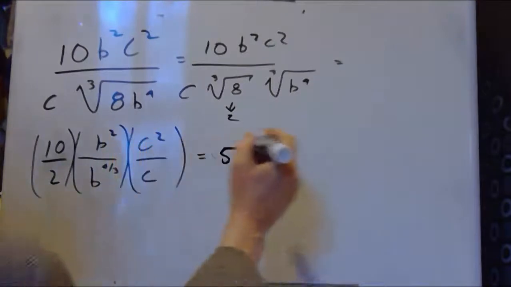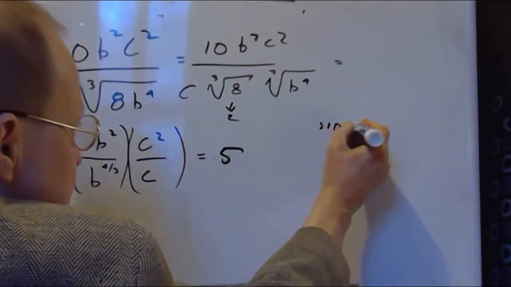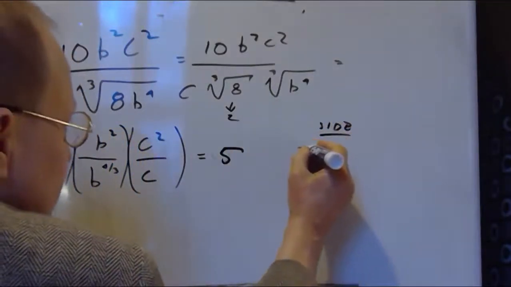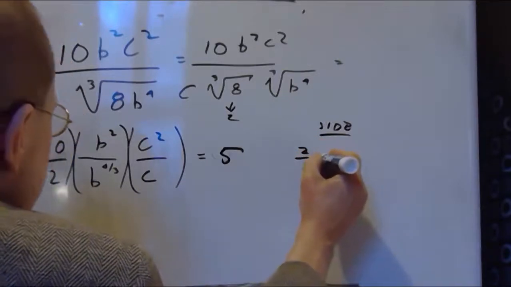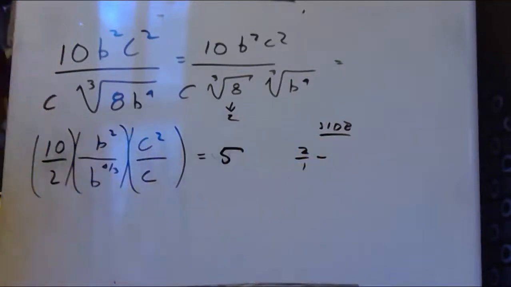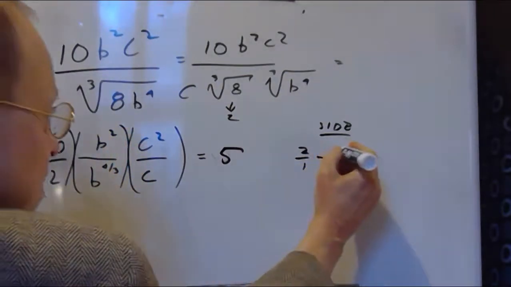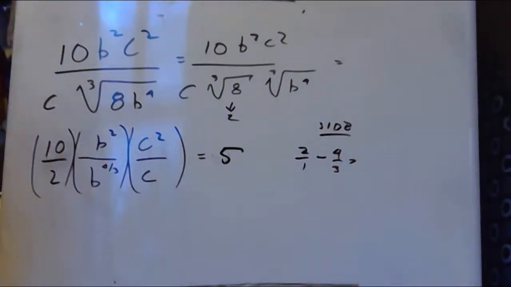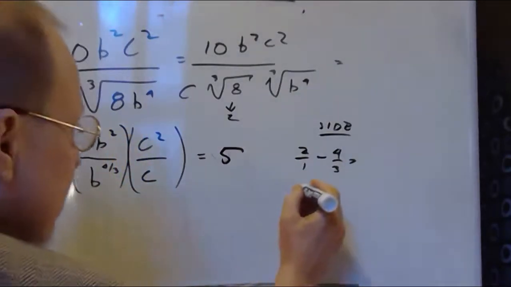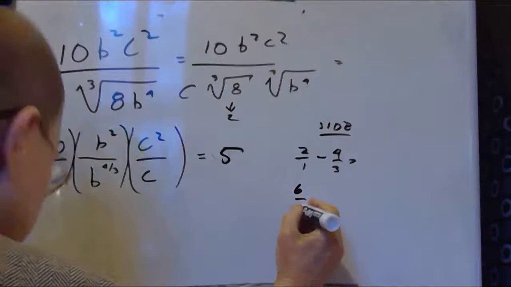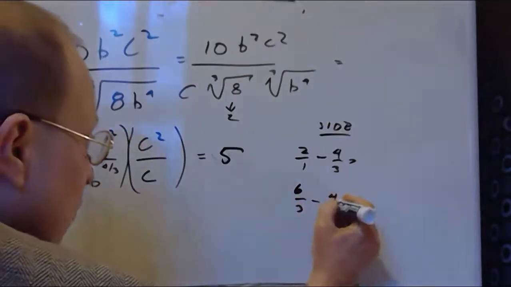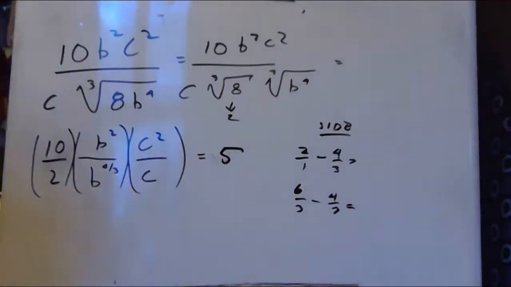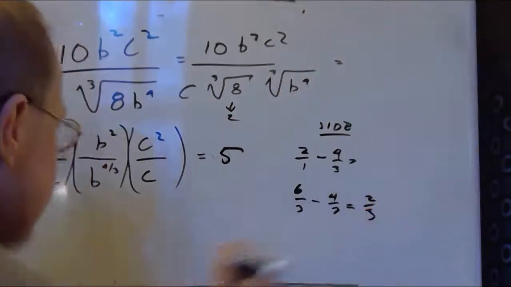Well, I'll do on the side the arithmetic. So I have 2 over 1 minus 4 over 3. Lowest common denominator is 3. So I have 6 over 3 minus 4 over 3. And that gives me 2 over 3 for that one.